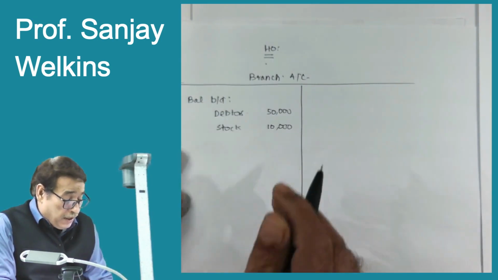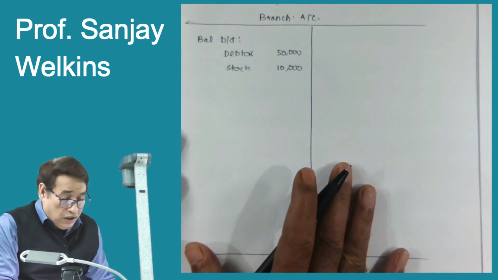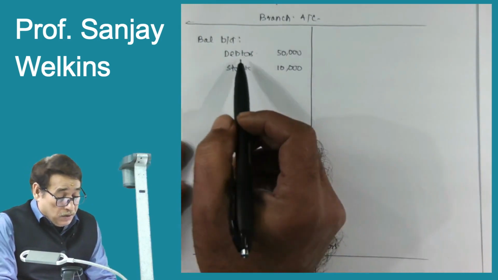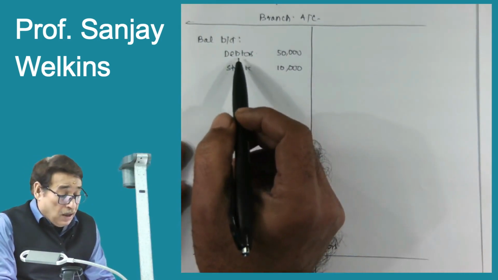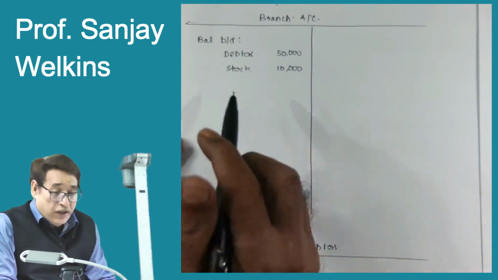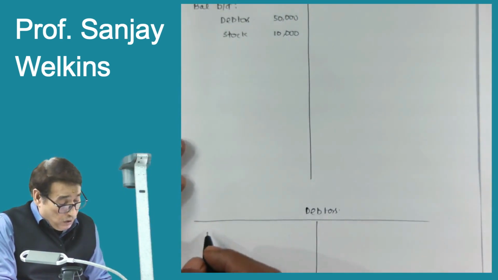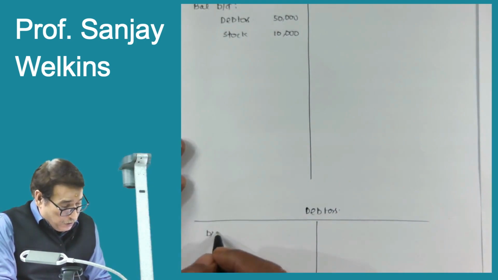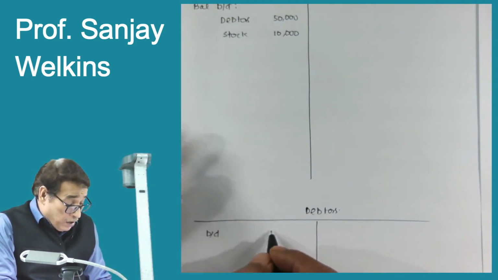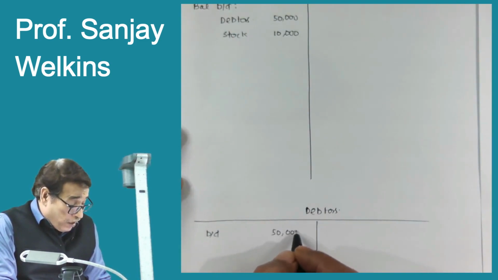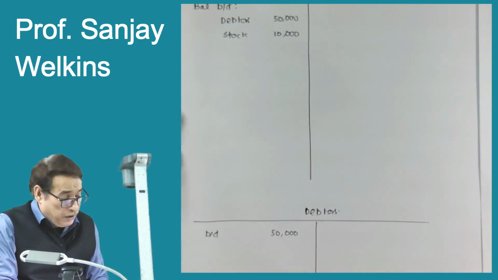An important point which you must keep in mind while doing the accounting: since debtors are written in the branch account as opening balances, but at the same time you are preparing debtors account also, you must not forget to write the opening balance of debtors over here. So opening balance of debtors will also find place in the debtors account too, correct?